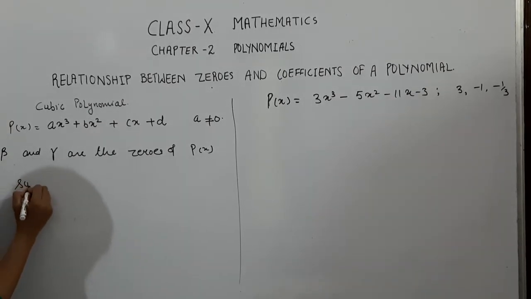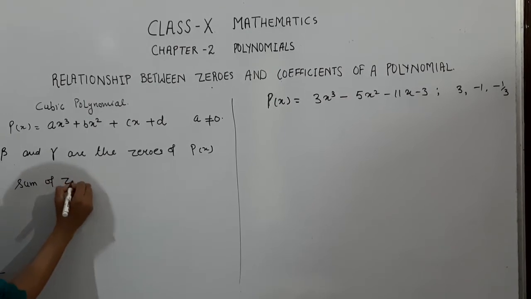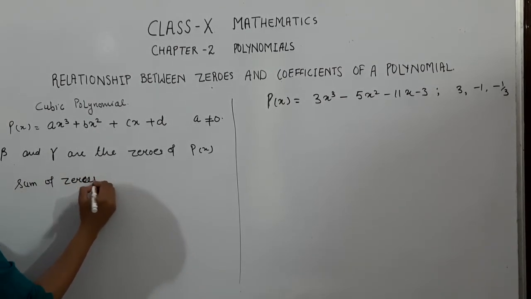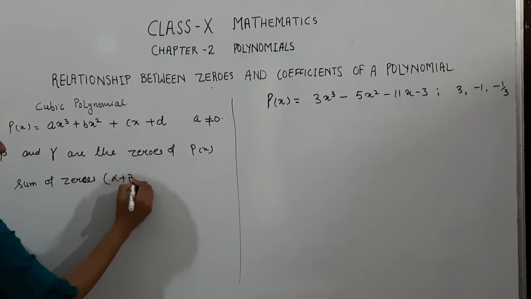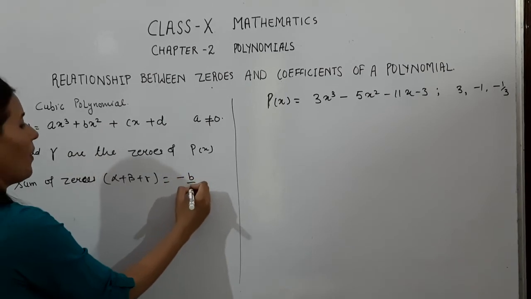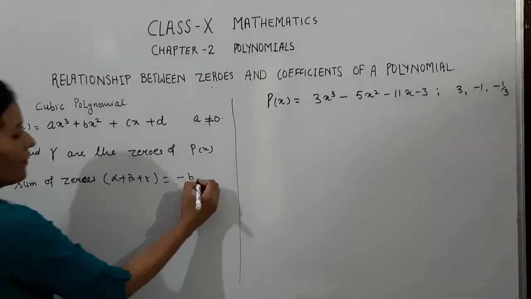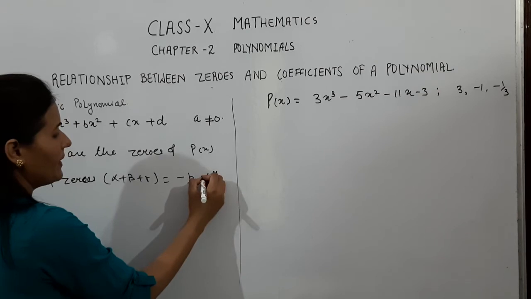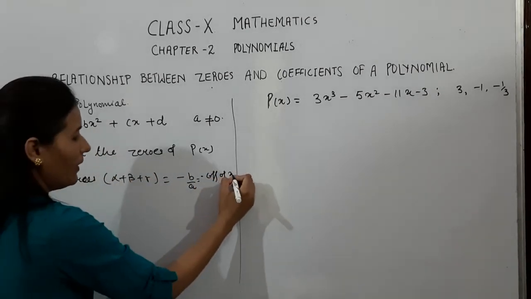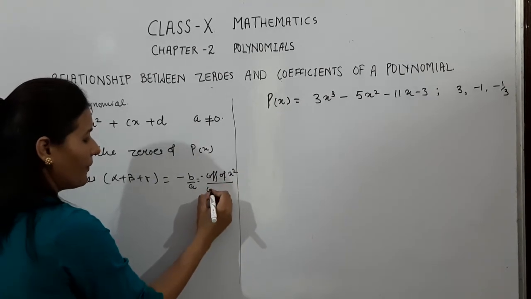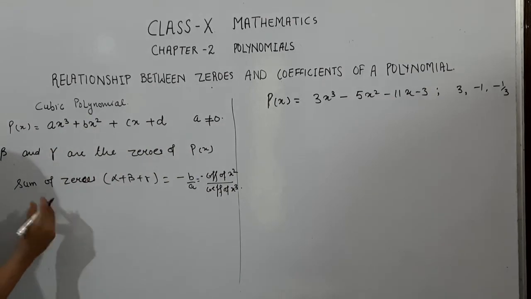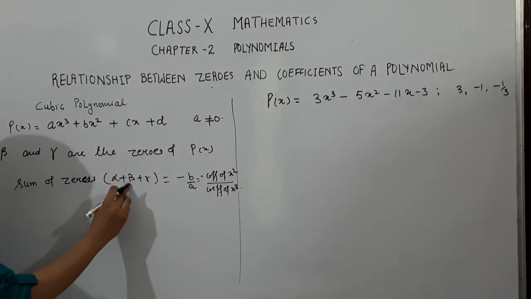Sum of zeros, alpha plus beta plus gamma, will be equal to minus b upon a. It means minus coefficient of x square upon coefficient of x cube.